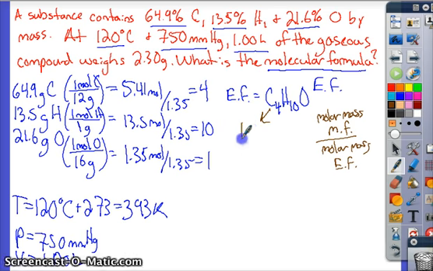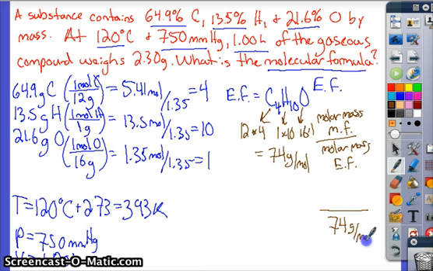We take the mass of carbon times 4, because we have 4 carbons, hydrogen, the mass 1 times 10, and the mass of oxygen times 1, add all of that up, and we get a total mass of 74 grams per mole. So the empirical formula molar mass is 74 grams per mole.